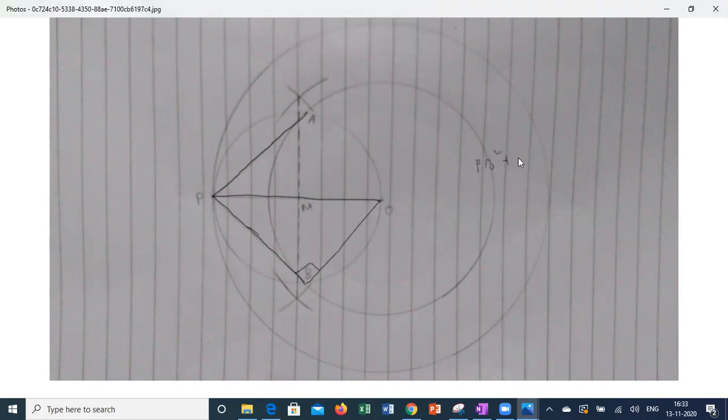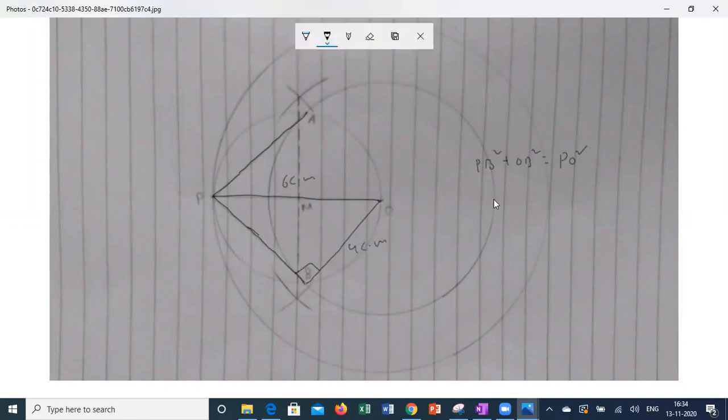PB square plus OB square is equal to PO square. What is the PO length? Substitute the values and tell me. Yeah, this PO length is 6 centimeter, and this is a radius of 4 centimeter.